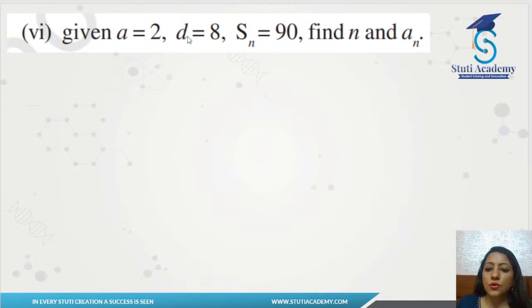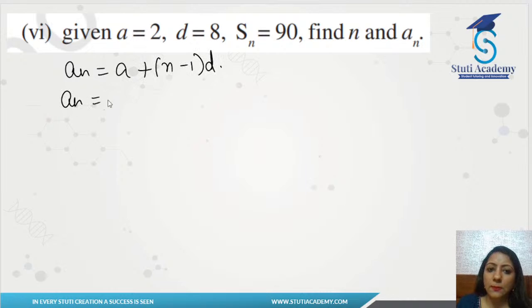Given A is equal to 2, D is equal to 8, Sn is 90, we have to solve for N and An. Now here we know A, we know D. We have to solve for An and N both. So let us write this An as A plus N minus 1 into D. So we don't know An, but doesn't matter.